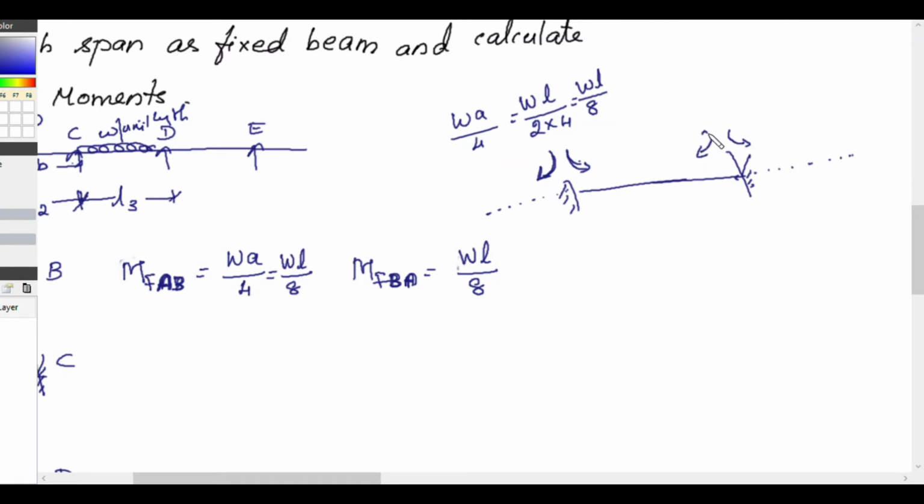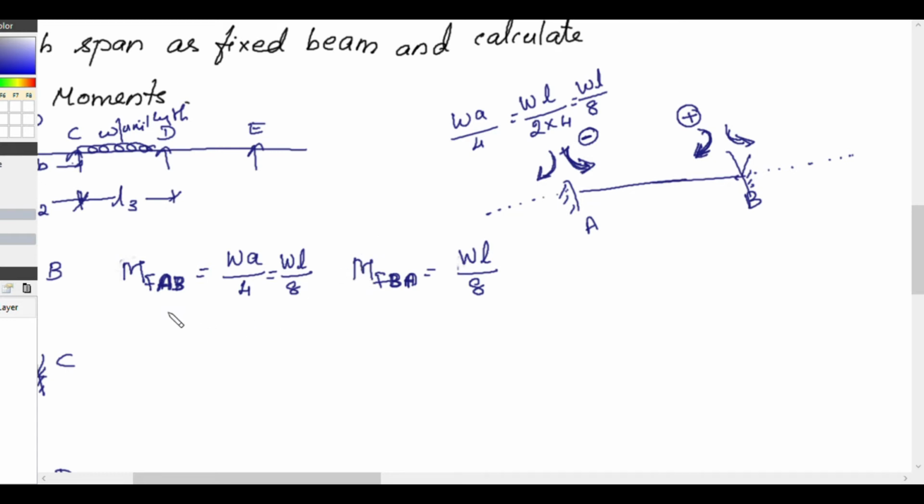Normally this will be the condition. When you are considering the span AB, this is anti-clockwise, that is negative, and this moment is clockwise, that means positive.